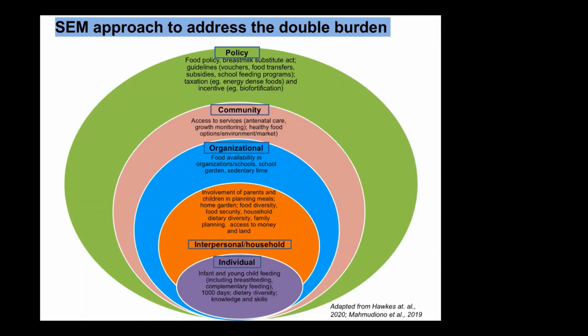Actually, this is adapted from two different papers, one from a recent review and the Lancet paper. So this is the general framework, but you need to contextualize it based on different cases. Most of the time we say that we require this kind of activities or measures to address malnutrition.